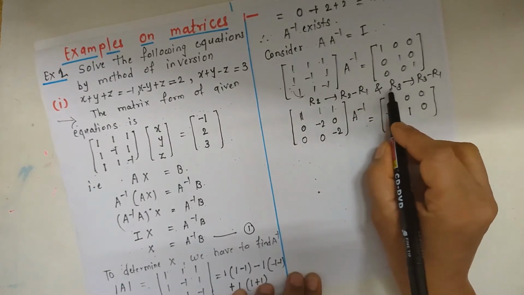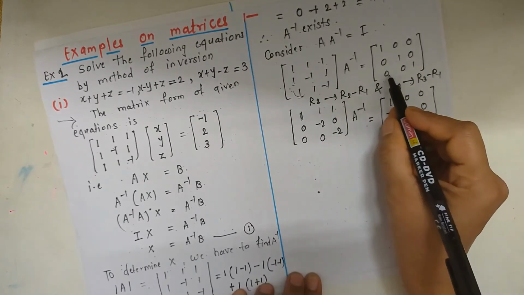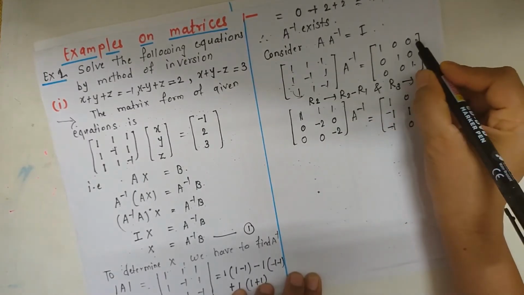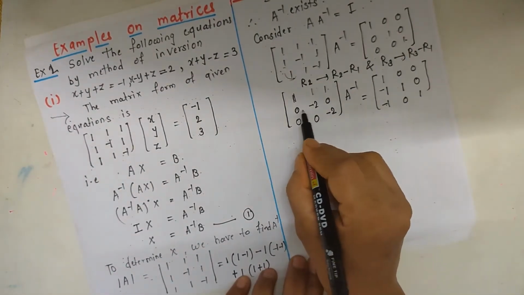Now for the second transformation R3 minus R1 on R3 element: 0 minus 1 is minus 1, 0 minus 0 is 0, 1 minus 0 is 1.